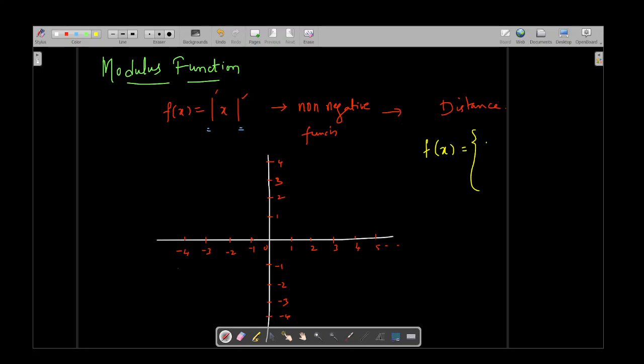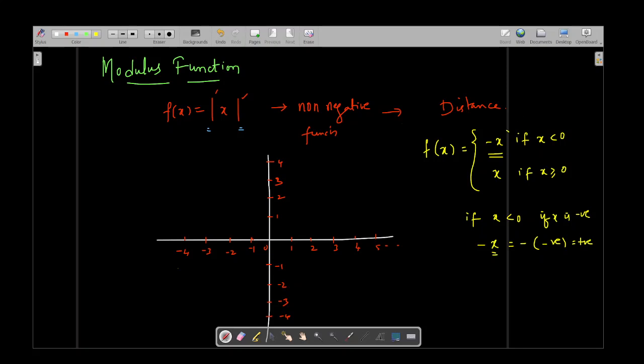f of x is minus x if x is negative, that is if x is less than 0, and it is plus x if x is greater than or equal to 0. Why we write it like this: if x is less than 0, that is, if x is negative, then I use the minus x formula. Minus of x, where x is negative, is minus of negative, which gives positive.